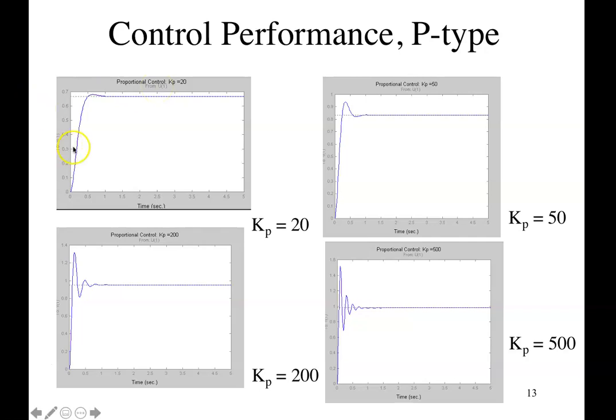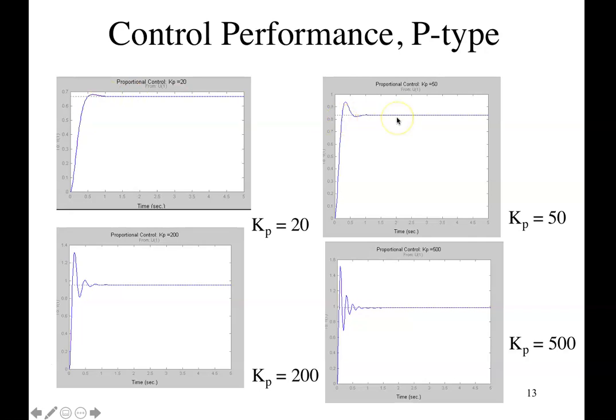And the rise time, if I just look at around 90% of the final output, is just under 0.5 seconds. And there's a little bit of overshoot, not too much. The settling time is perhaps just 1 second around that point.